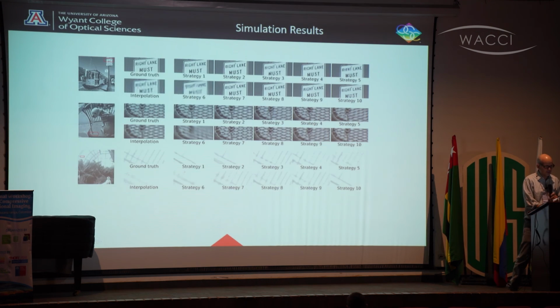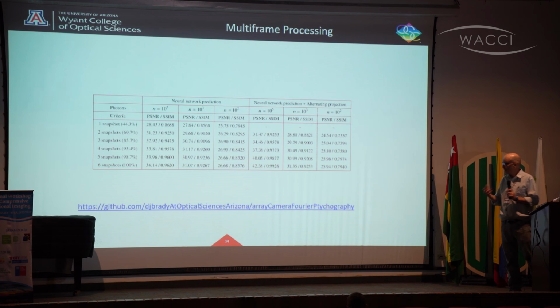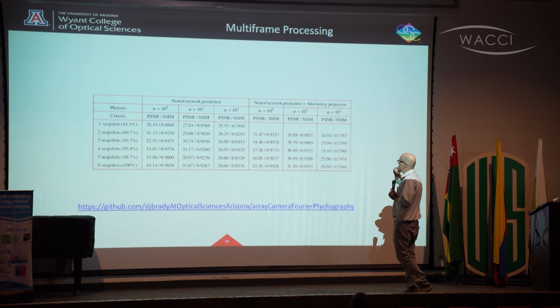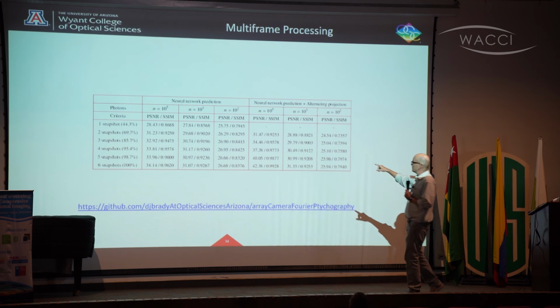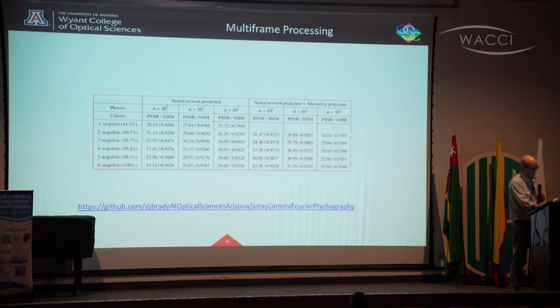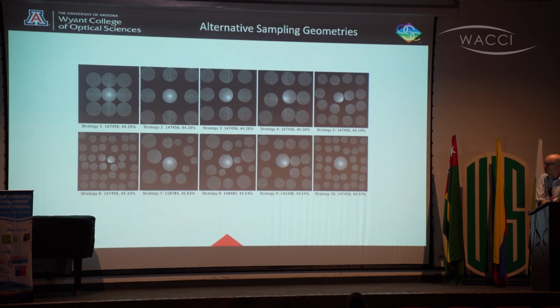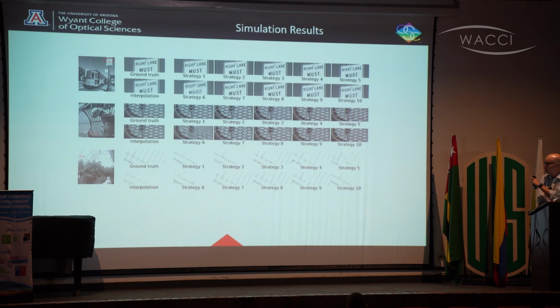Now, here we have to recognize that we're also doing a phase retrieval problem, and we're undersampling dramatically, because we should oversample by a factor of 4. This is the number of snapshots, comparing strategy 1 and strategy 6 there.